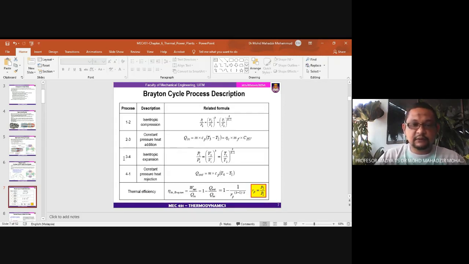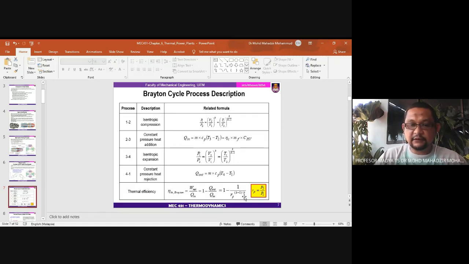Process number three, from state 3 to 4, is isentropic expansion, so you can also use the isentropic relationship equations. Process number four is constant pressure heat rejection, so Q out is found the same way as process two. So you get this equation. The thermal efficiency based on the thermal cycle is W net over Q in. When you simplify and derive these equations, you get the thermal efficiency for the Brayton cycle.